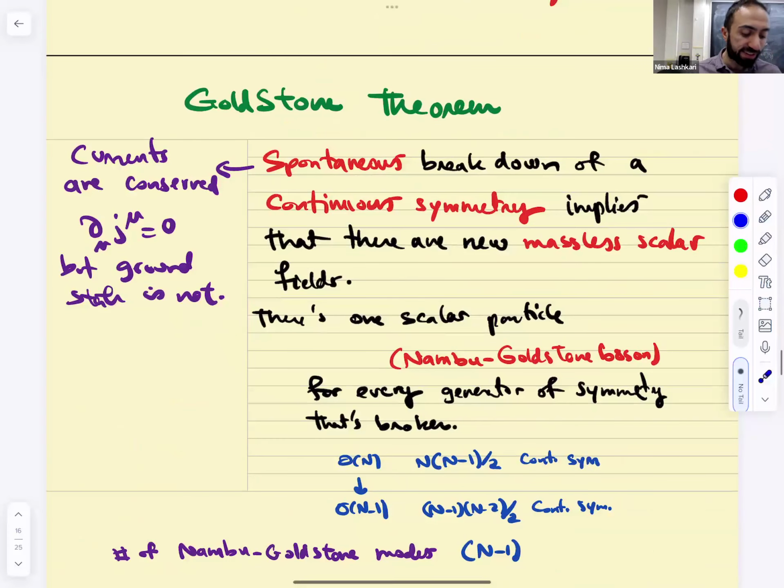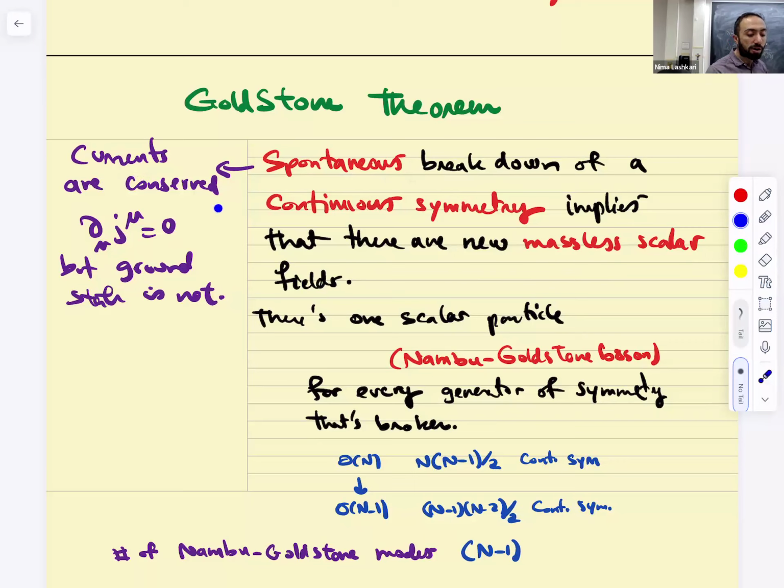All right, so here's a summary of it. There is something called the Goldstone theorem. This is fully classical. There's actually a quantum version of it that we're going to discuss in a minute. I could have taught this in part 1 of the course, classical field theory, when we were doing Noether currents. Goldstone theorem says every time you have a spontaneous breakdown of a continuous symmetry, you get new massless scalar fields.